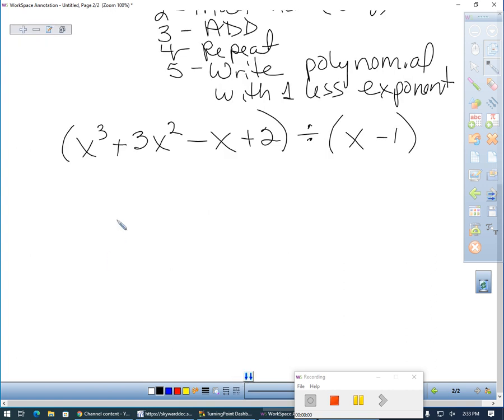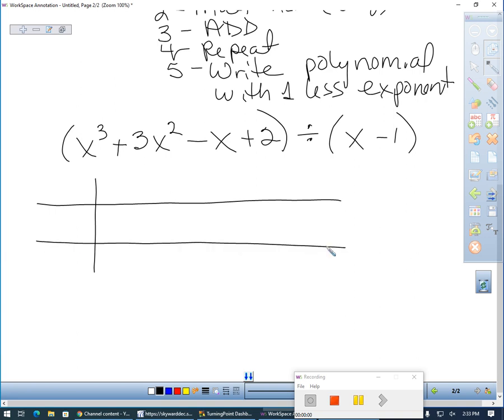First thing we do is draw our long one-sided tic-tac-toe. Across the top are the coefficients of each of those terms. We have 1x to the third, 3x squared, negative 1x, and then 2. The zero of this binomial is 1, if you set it equal to zero. So that goes out here.